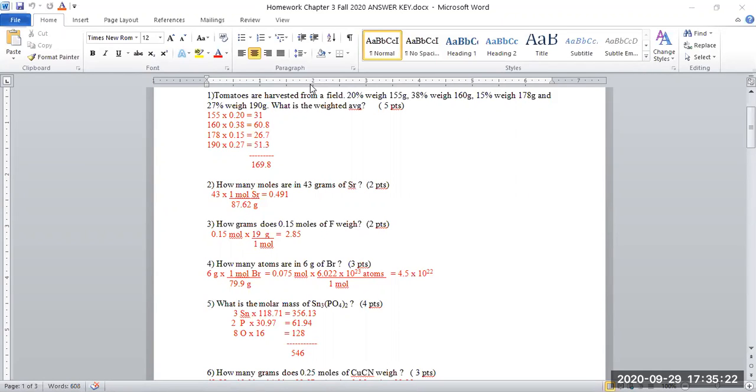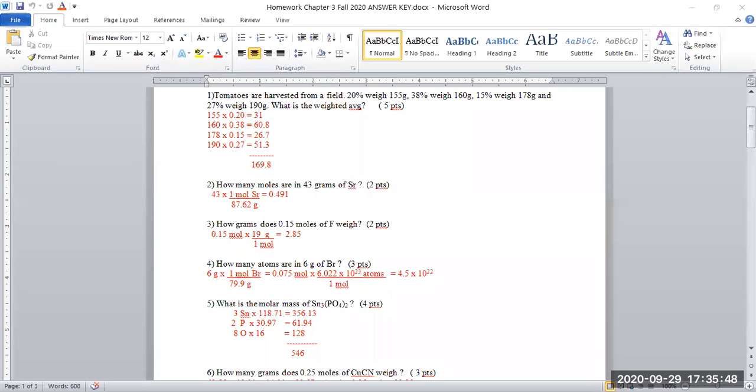Going in the opposite direction, if you are given moles for the fluorine and you are calculating grams, this one's not a division step, this one is a multiplication step. 19 is the atomic weight of fluorine. When you multiply the two of those together, your moles cancel out and you get 2.85.